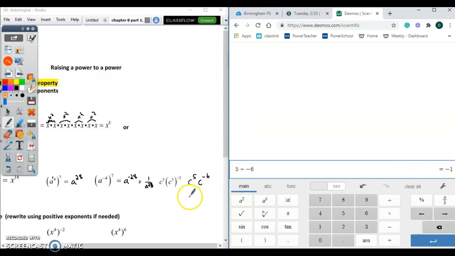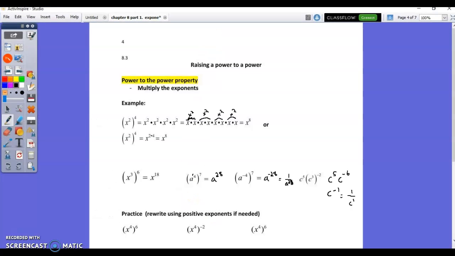So this now adds to c to the negative first power, which to make that positive, we put on the bottom of a fraction, 1 over c to the first power, or just c. We don't need to put that 1 there, but we can if we want. All right, so that was a little bit more involved, but it's building off the previous rules. You can see how they're going to be connected when we are simplifying powers.